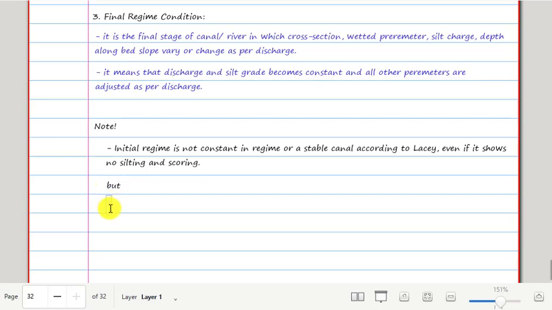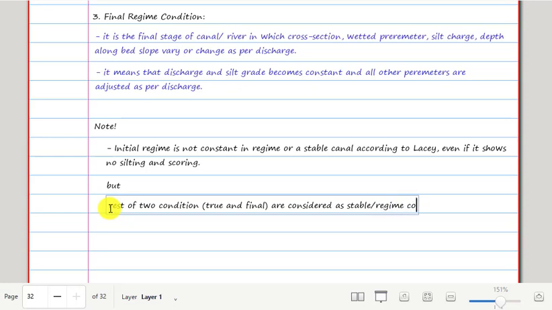But another point we need to note here is that the previous point was related to the initial regime condition, but the other two conditions, which are true and final, are considered as stable or regime conditions by Lacey.